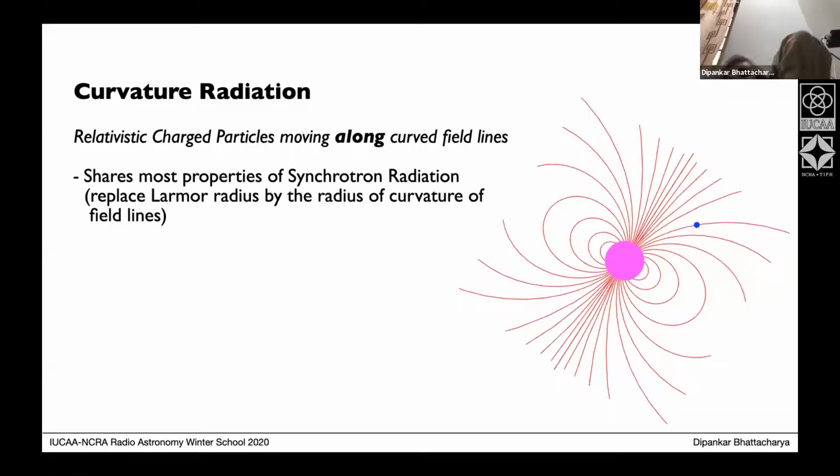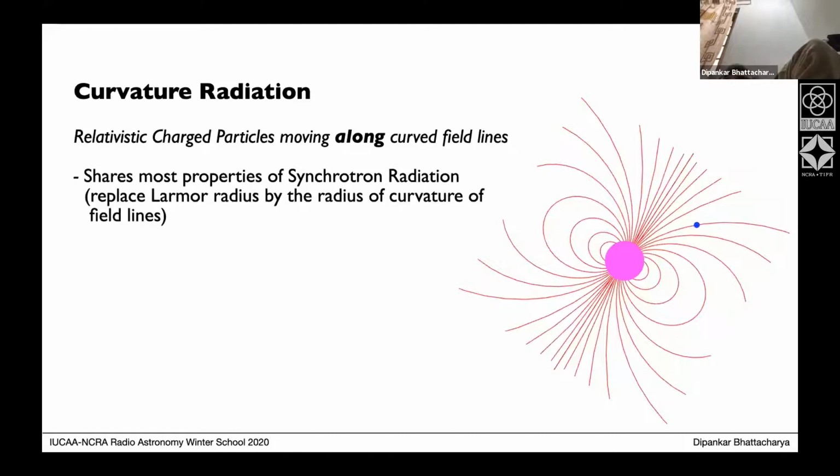And there is another process of an electron in a magnetic field which can produce radiation. In synchrotron radiation, as I said, the electron gyrates around the magnetic field, and it is that motion of gyration which produces the synchrotron radiation we see. However, if the magnetic field is very strong and the energy of the electron perpendicular to the magnetic field has been practically radiated away, then the electron will move along the magnetic field.